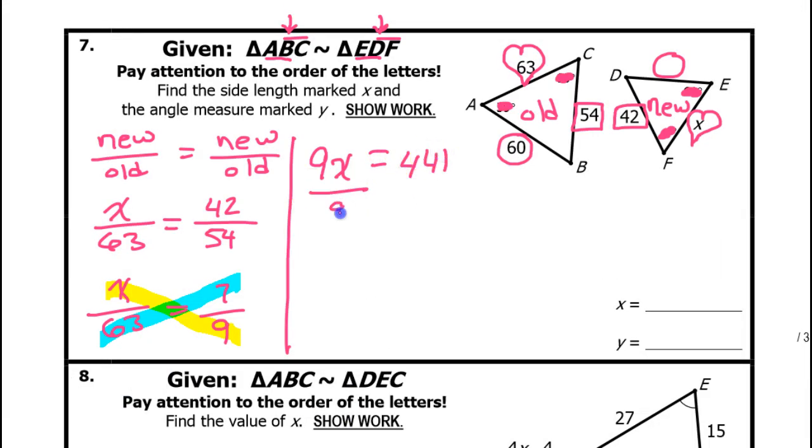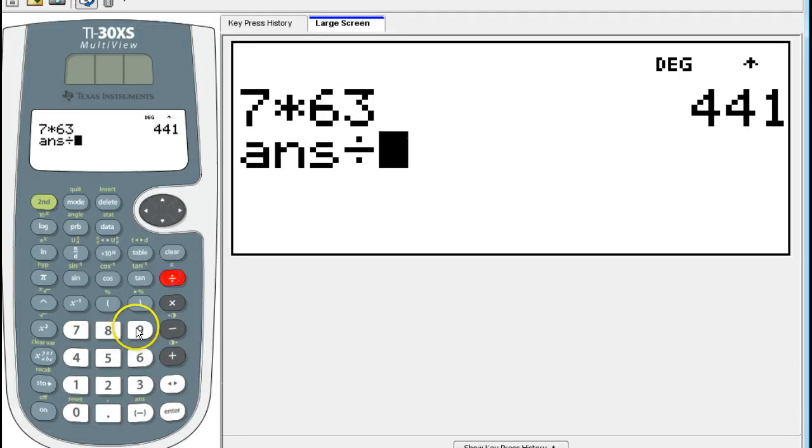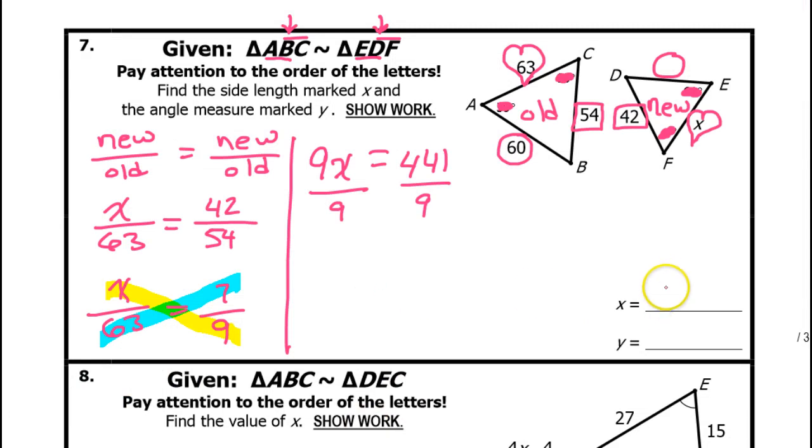And then we divide by 9. And that's 49. All right, can't do anything about y.